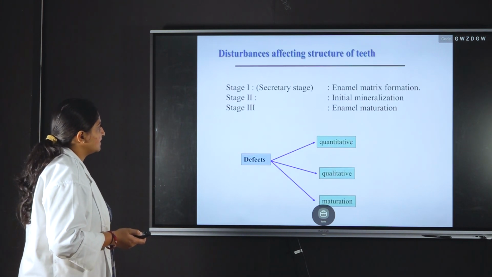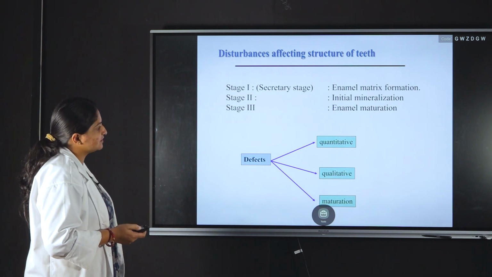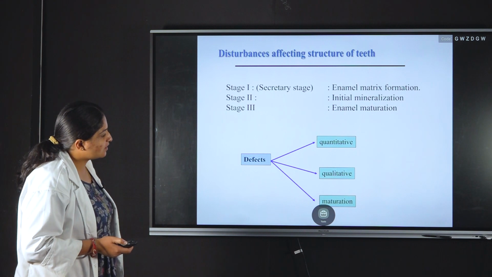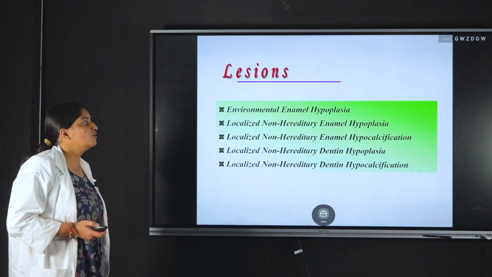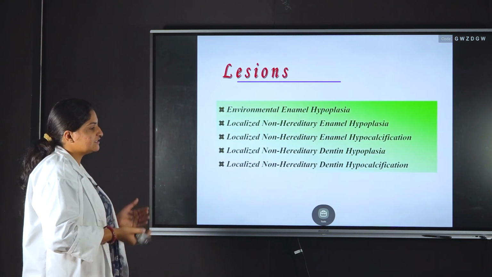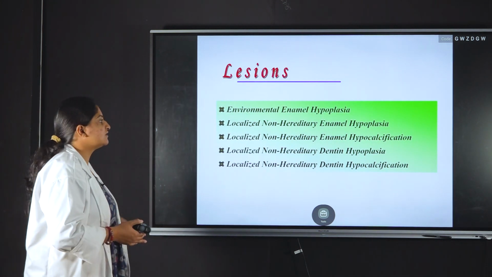So disturbances affecting structures of teeth are stage 1, secretory stage, enamel matrix formation, initial mineralization, enamel maturation, and then defects are quantitative, qualitative and maturation defects. So sometimes when there are complete developmental disturbances or lesions, then the treatment modality has to be checked in a full mouth rehabilitation.